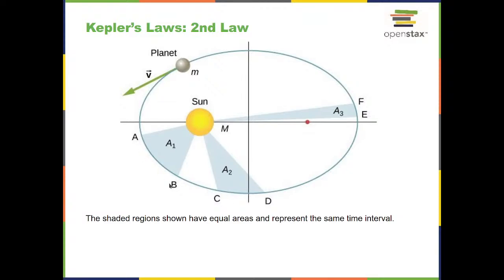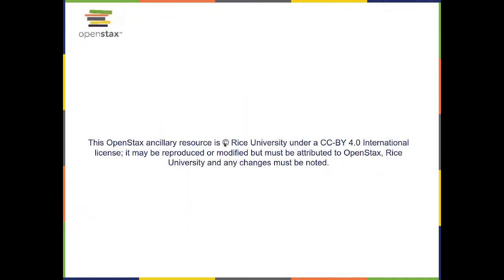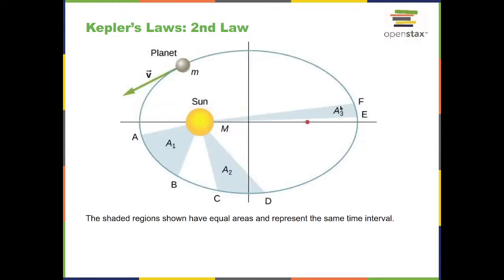So going from A to B takes the same time as going from C to D, takes the same time as going from E to F. That also relates to the fact that the velocity is slower at larger distances than it is at closer distances. And then finally, Kepler's third law, and I think I have the wrong, this is actually still a second law. There's no drawing for Kepler's third law, but it relates the total orbital period to the size of the orbit.